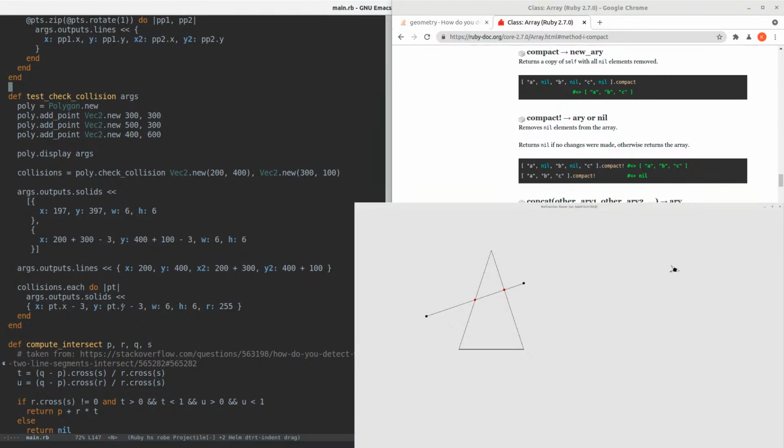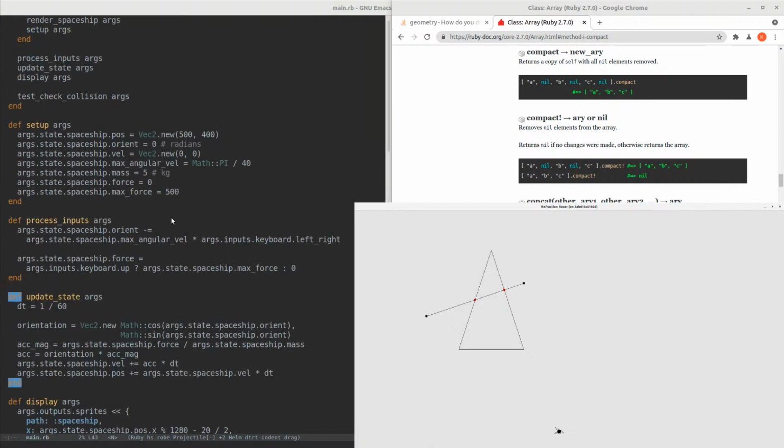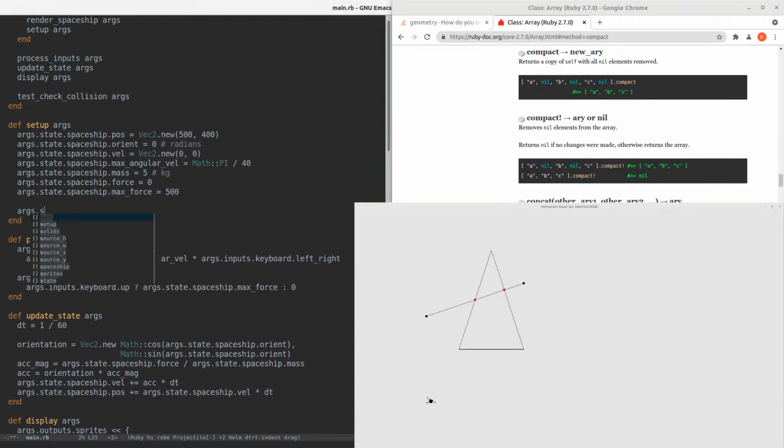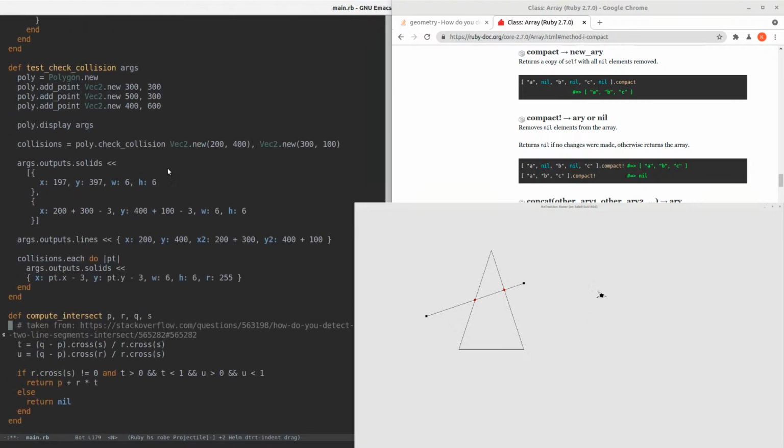Okay, yeah. Now let's actually compute the collision between this thing and our triangle here, or whatever polygon. So we can add a new setup here. So for now, we're just going to create a very simple world where we just have polygon.new, and we will have our points Vec2.new. And why don't we just use the exact same thing that we used here?